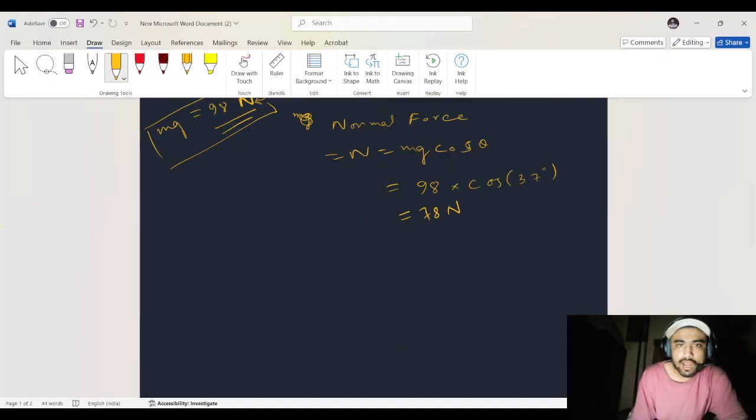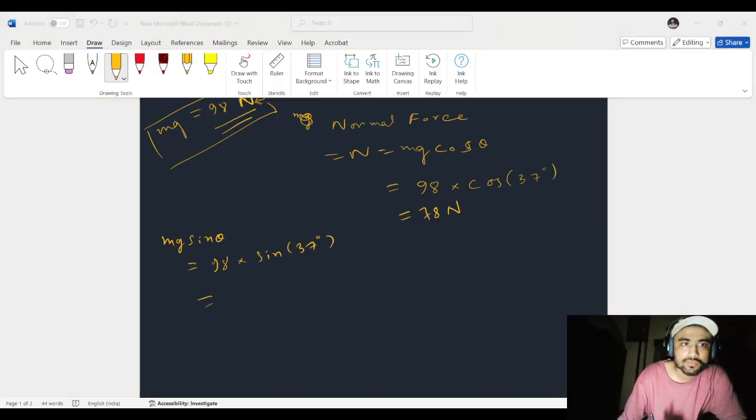Now I'll also find out the other component, which is mg sin theta. I forgot to tell you one important thing, I will tell you after calculating this. So 98 into sine 37 degrees.